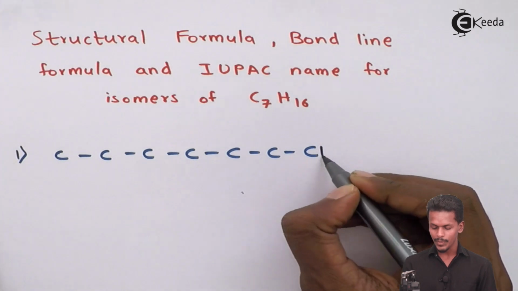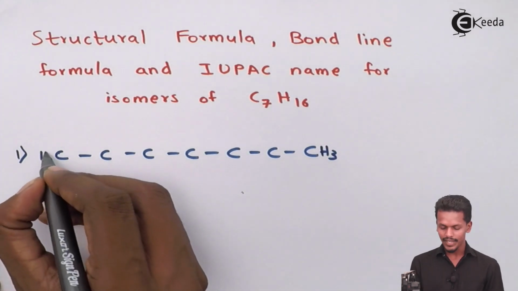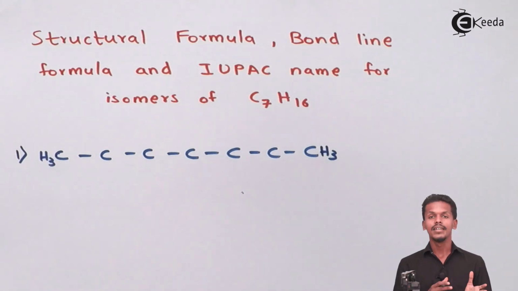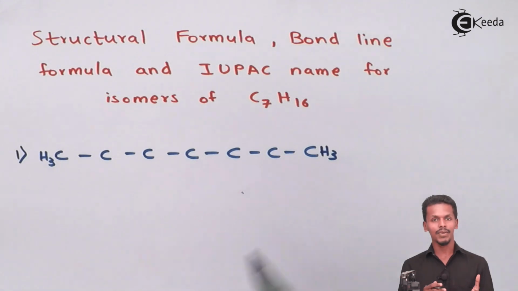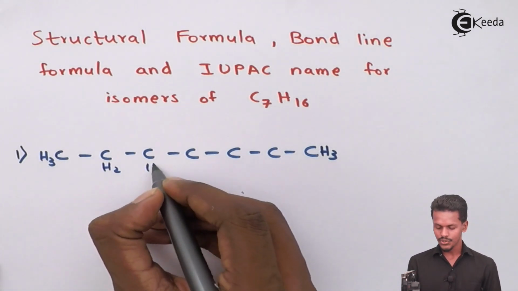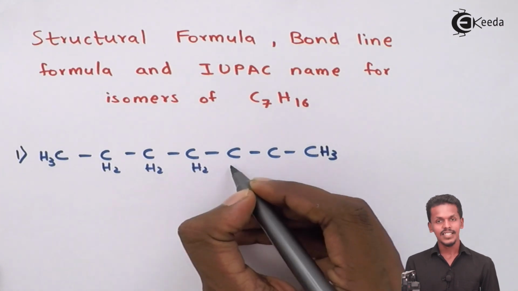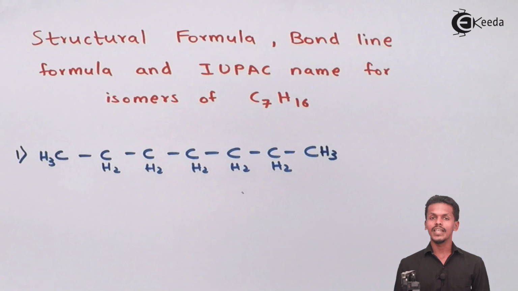This is a primary carbon, so it can be written as CH3. Again this is a primary carbon, written as CH3, while all the carbon atoms present between these primary carbon atoms would be CH2, CH2, CH2, CH2, basically methylene groups. And now we could easily write the IUPAC name for that.